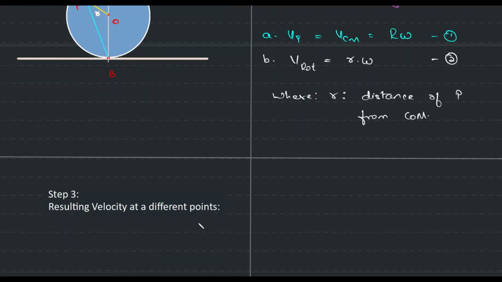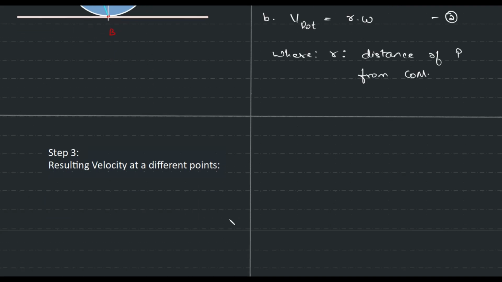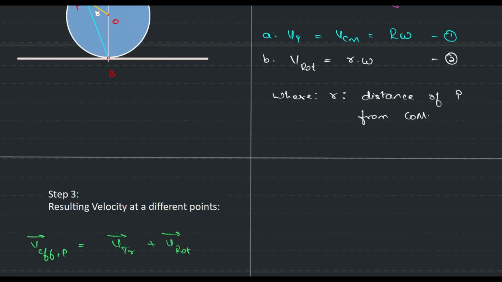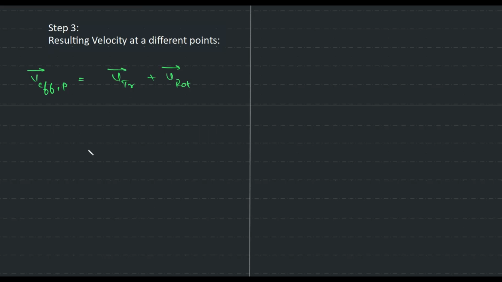Now, what would the resulting vector at a different point be? So basically, the V effective at point P will be nothing but the vector addition of those two. That's what we did. I'll call this TR, translation plus rotation. It's a vector sum of those two.